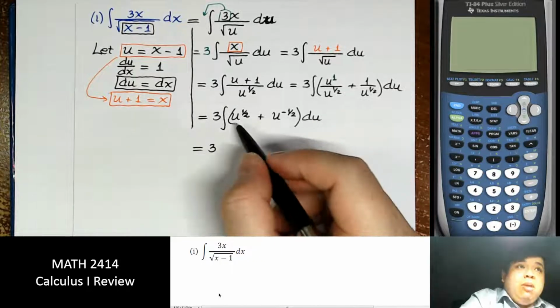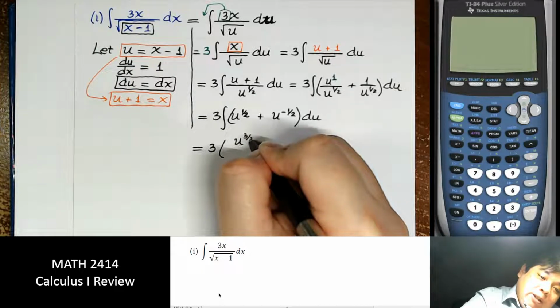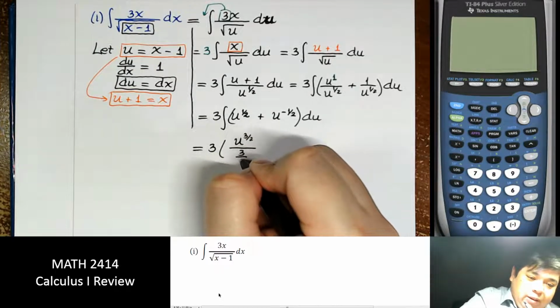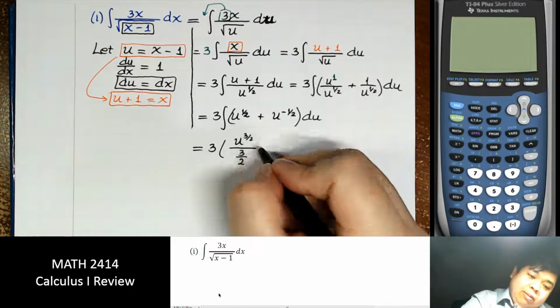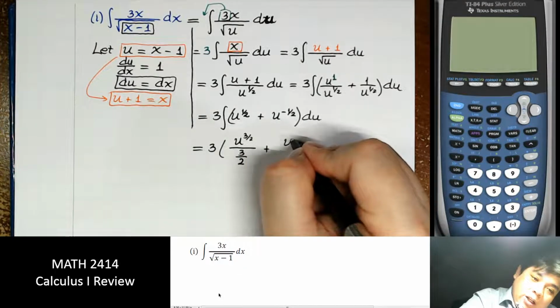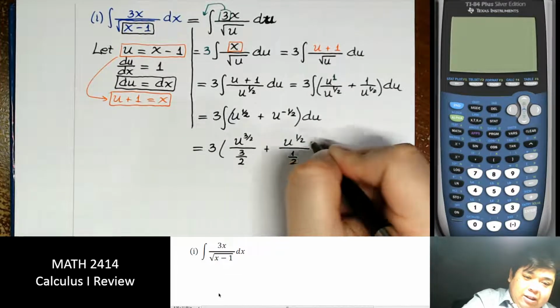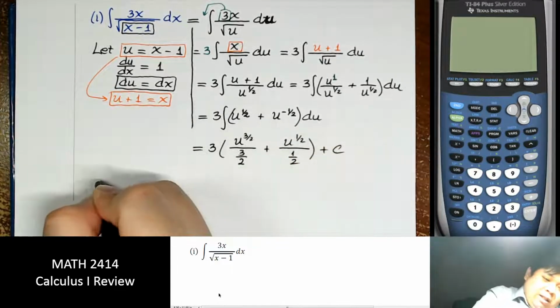And then we use the power rule. This will be easy. U to the 3 half over 3 half, and then this is negative 1 half plus 1, u to the 1 half over 1 half.